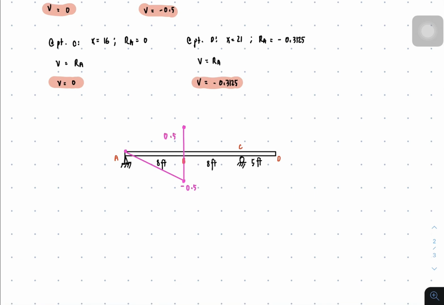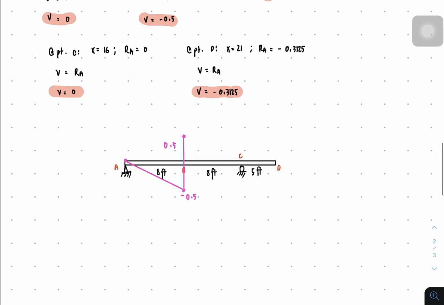So as you observe, we're getting the shear of B, so it's going to be 1 unit if you try to add the values, like 0.5 plus 0.5. So regardless of the sign here, because the effect of shear regardless of the sign is still the same, which is breaking. Okay, next is at point C, the answer here is 0, this one.